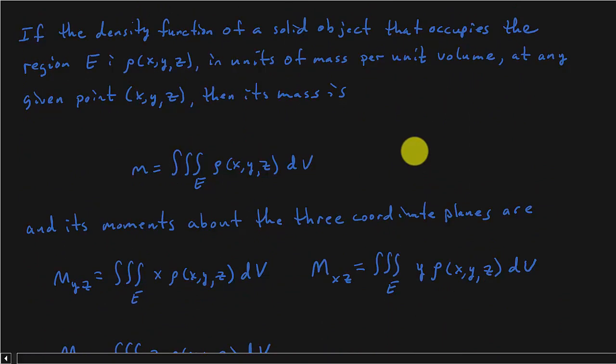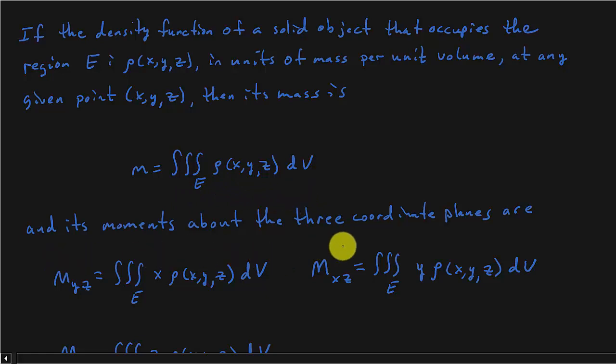It says if the density function of a solid object that occupies the region E is rho of xyz, in units of mass per unit volume at any given point xyz, then its mass m is equal to the triple integral over the region E of rho of xyz dV.